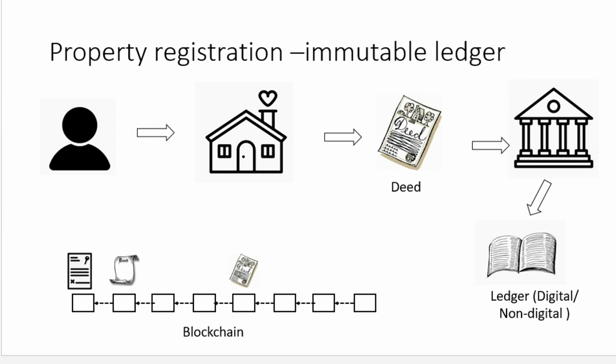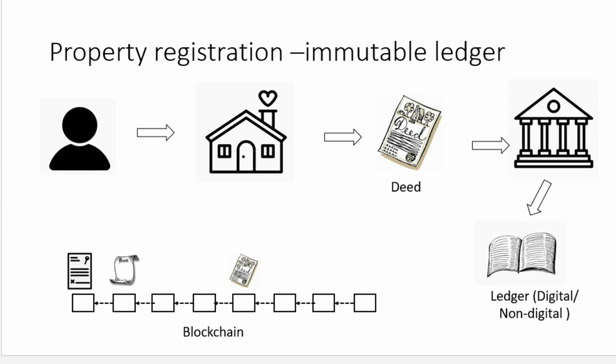So this brings us to the importance of a blockchain. Here is the solution to this problem: adopting blockchain technology. Every time somebody buys a home, a new block of deed is added to the blockchain.